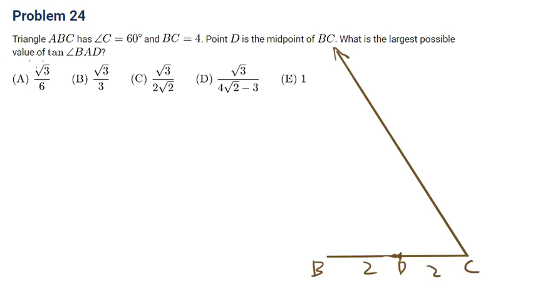Now, if we want the largest value of tangent BAD, do we want a small BAD or a large BAD? Do you remember, BAD has to be acute. It literally can't be obtuse. So it's an acute angle. For an acute angle, if we want the tangent to be big, should the angle be as big as possible? Yes, we want the biggest angle BAD possible.